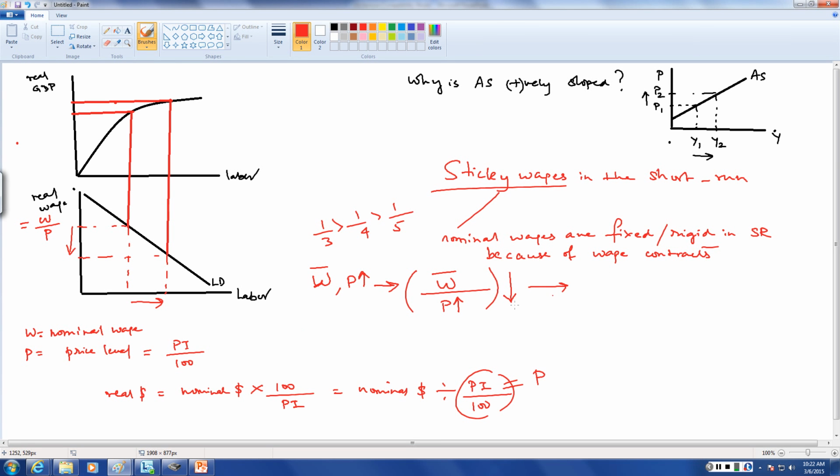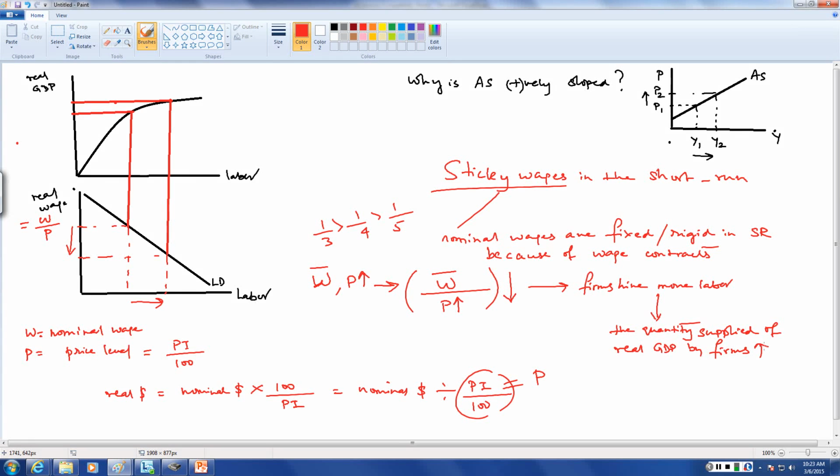And when the real wage falls, firms hire more labor. And when firms hire more labor, the quantity supplied of real GDP by firms rises.